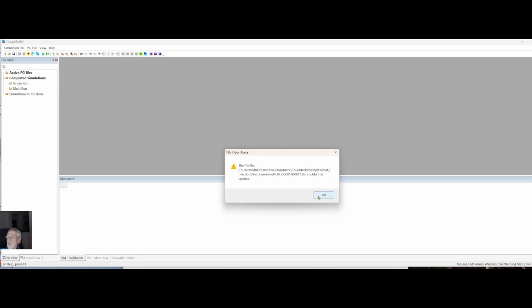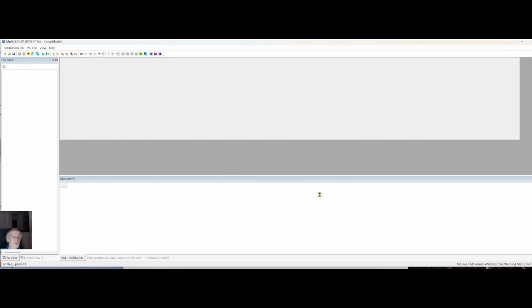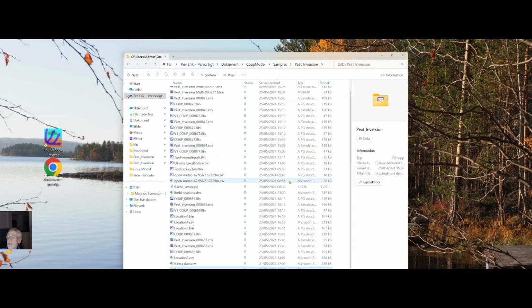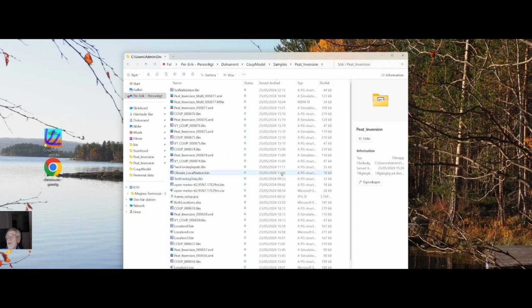You can get some information, but here we could not even open this because this file did not contain anything sensitive. So it is a little bit more mysterious to look into a multi-run. But we have many tools and we have many methods to examine a multi-run, and that's what we should start with here.